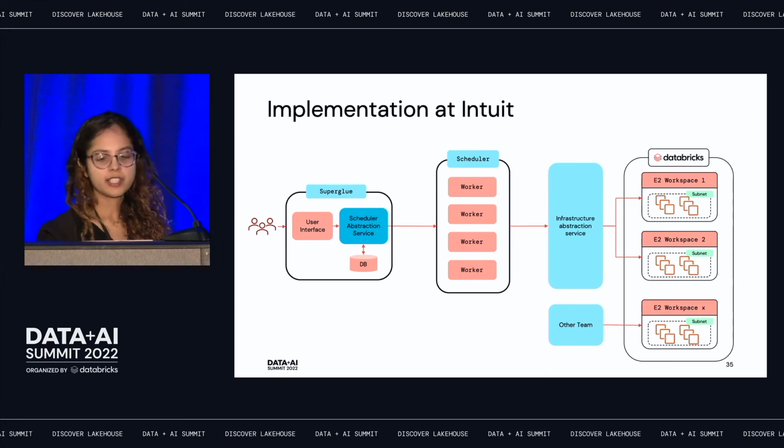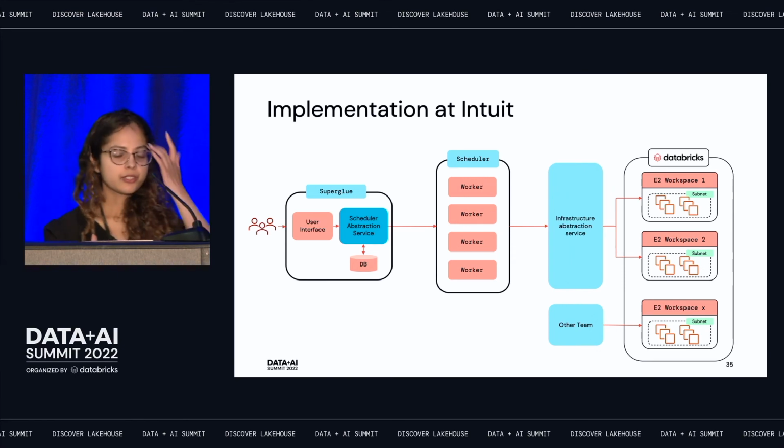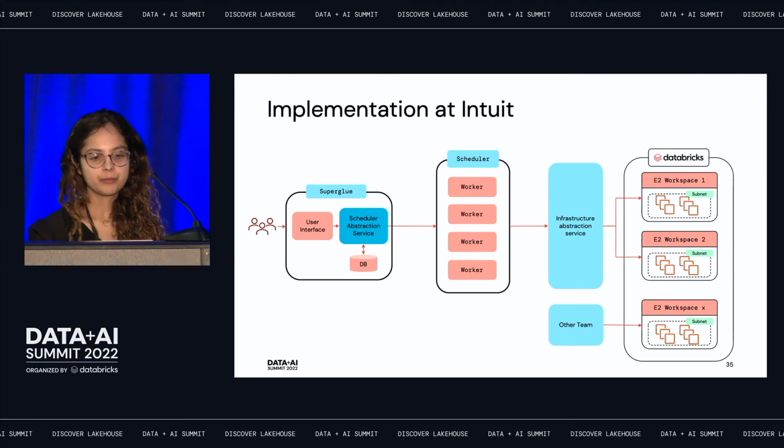This service offers an abstraction over the various runtimes that we have, Databricks and EMR, and we are running on Databricks 9.1 version, on an E2 workspace. There was again a talk yesterday on scaling jobs using Databricks. The entire Superglue team is here, so if you have any questions about that, you can ask us later.